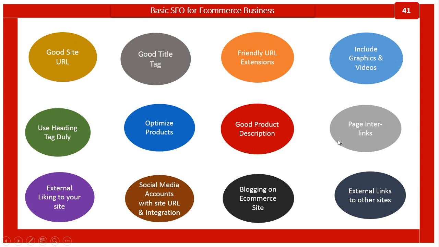For instance, when you're on the home page, it has links for Home, About Us, Contact, Our Store, Product A, and all these links are also called pages. All these internal links or pages, when you click on them, also have links to link you back.